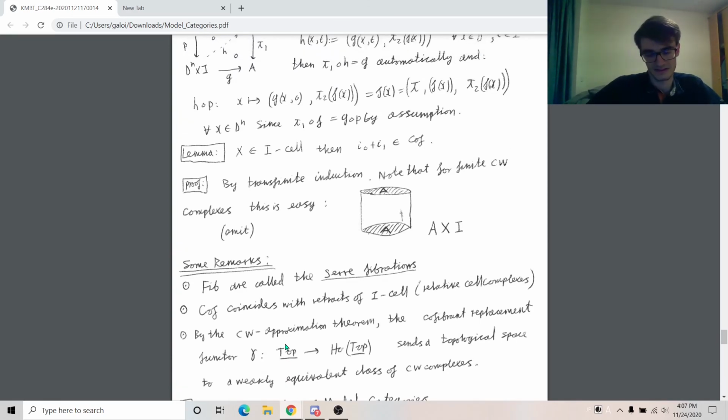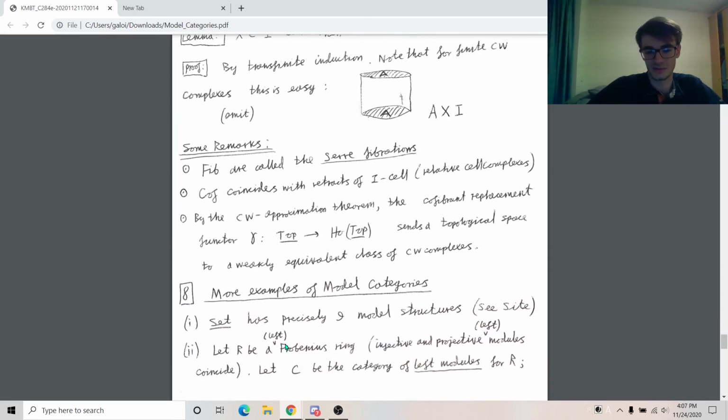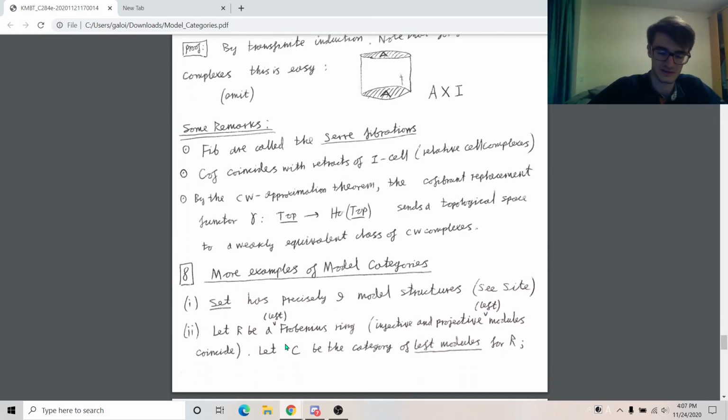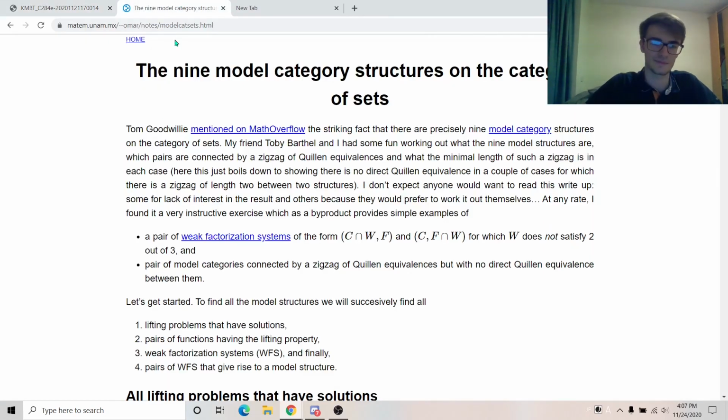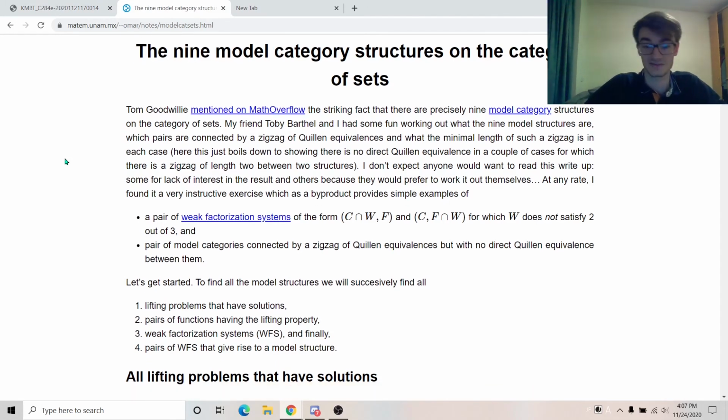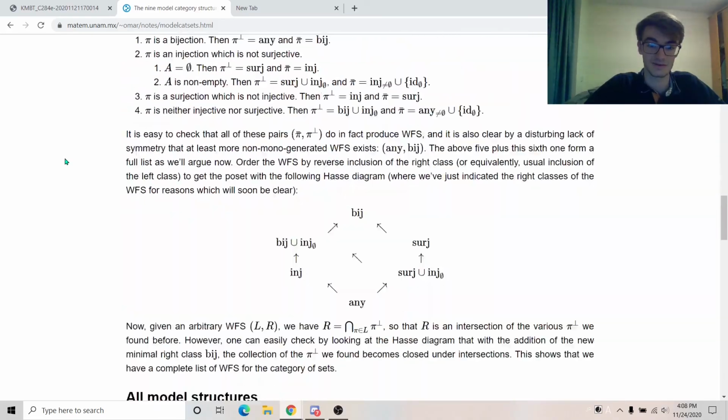Right, so that's the main content of my talk, but I just wanted to talk quickly about a few more examples of model categories. In particular, the third one is very interesting. The category of sets has precisely 9 model structures. You can go to this site here, and this guy basically constructs the 9 model category structures on sets, and you can read through it.